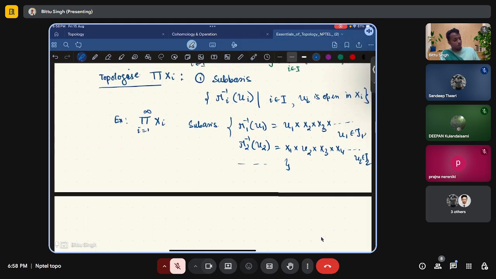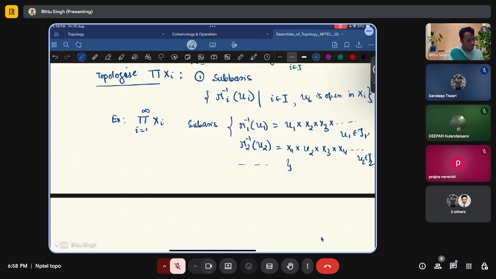So how do you generate a topology? First, from this subbasis, we can create a basis. How do we create a basis?